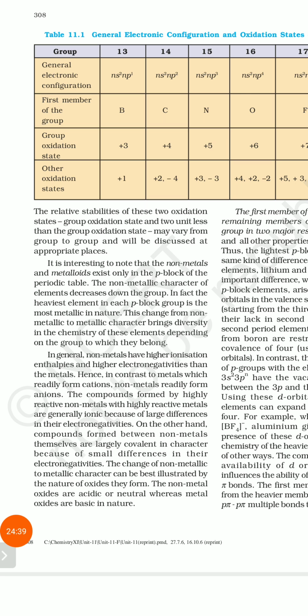Next one, see there. One more important and interesting point: in the p block, what elements are there?